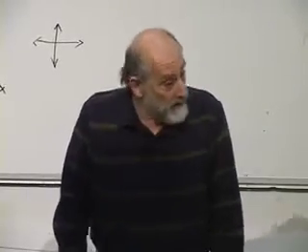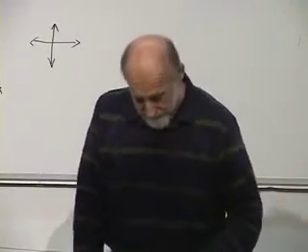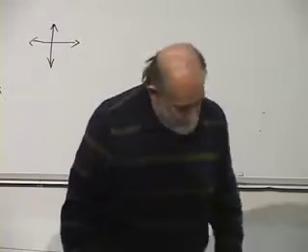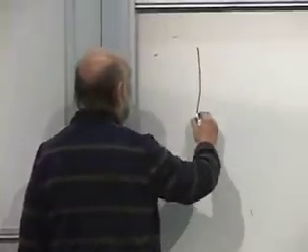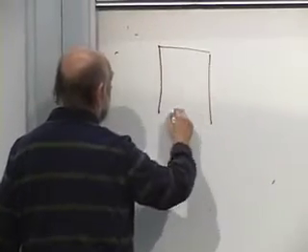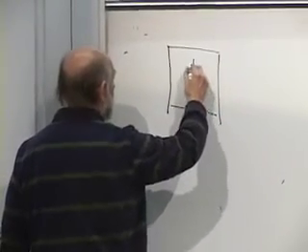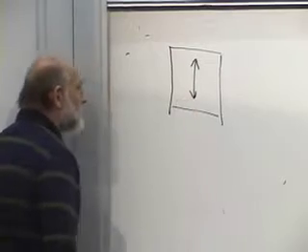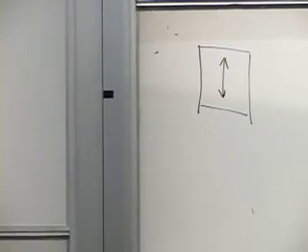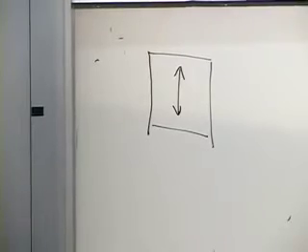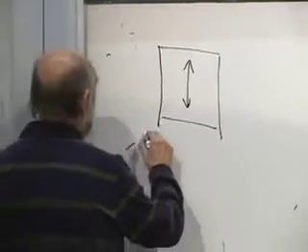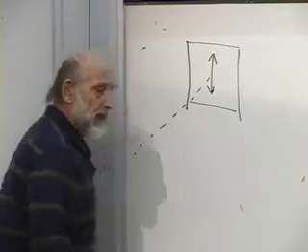Now, electromagnetic waves are made out of photons. If we take a polarizer, let's draw the polarizer this way. This means that it transmits vertical polarization. And we send just a single photon through there. The single photon may or may not pass through.